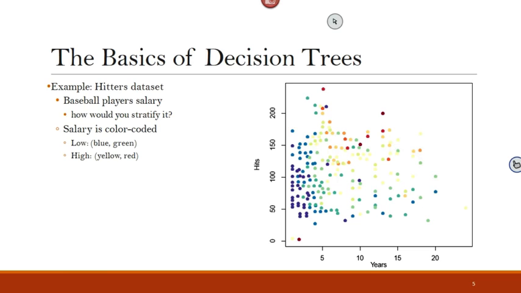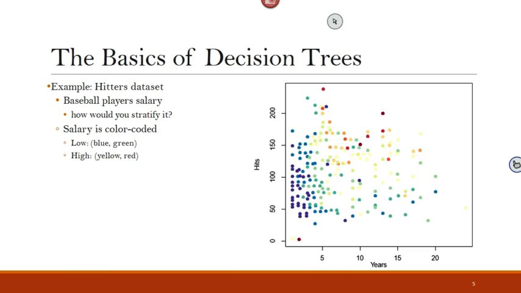Cross-validation. Okay? So what we usually do is add a parameter to our minimization function to penalize large trees. We will explain it. Basically, you don't want to build a big tree because it will overfit.